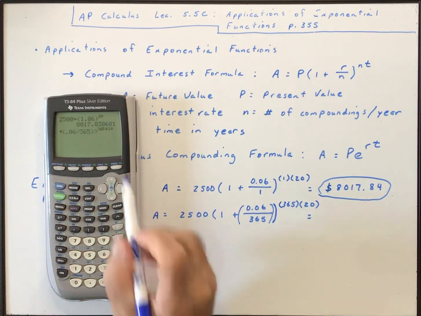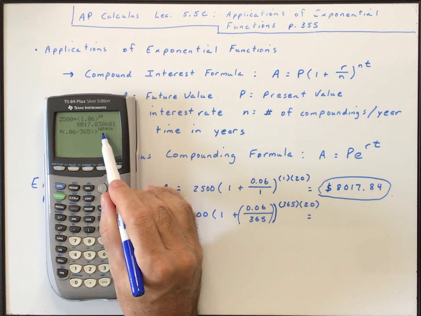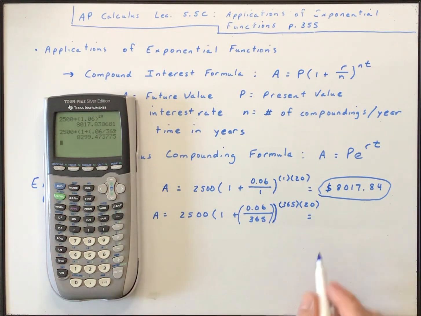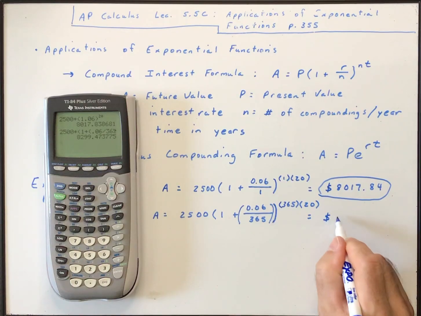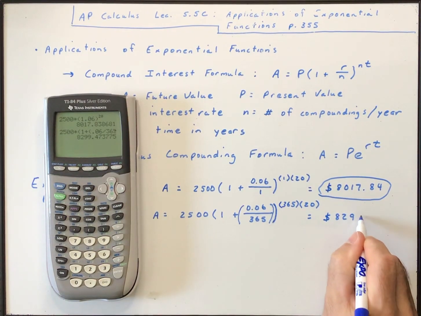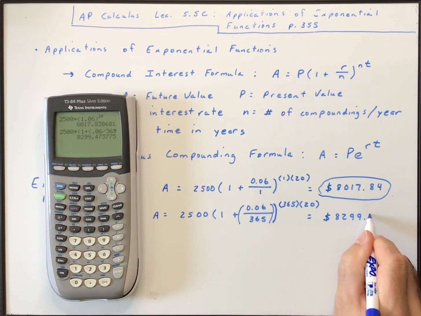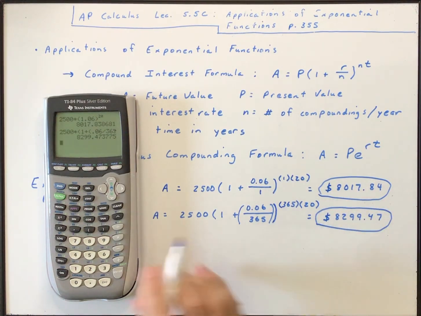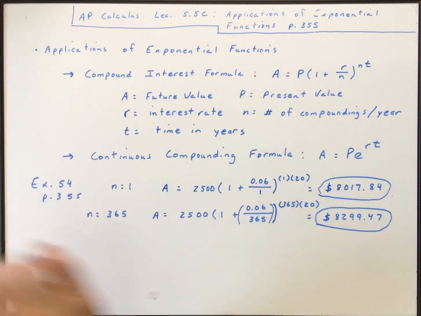So you can see your calculator puts that whole operation in the exponent. And that's going to be 8,2982.9947. So more compoundings, more money. Not a ton more money, but a little more money.